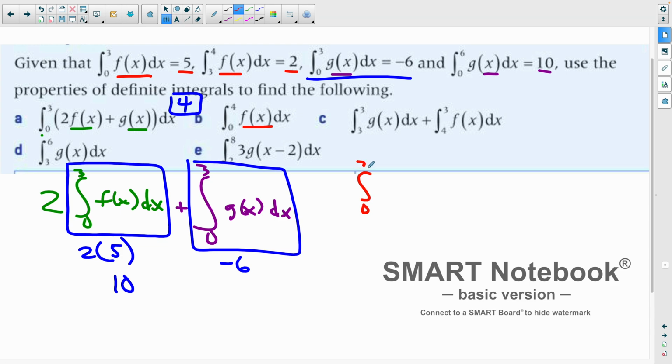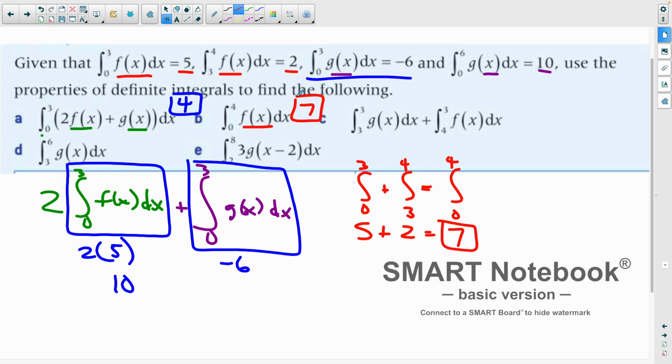We could go from 0 to 3 and from 3 to 4, and that would equal the same thing as if I just went all in one trip. So 0 to 3 plus 3 to 4 would equal 0 to 4. Well, what's 0 to 3? That's 5. What's 3 to 4? 2. So the answer on that one would be 7.